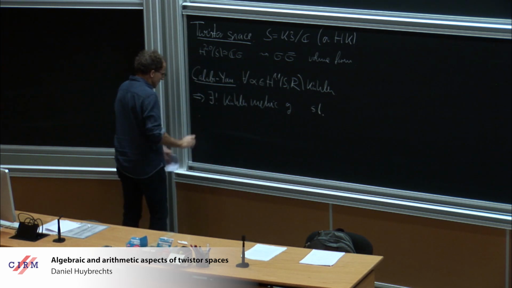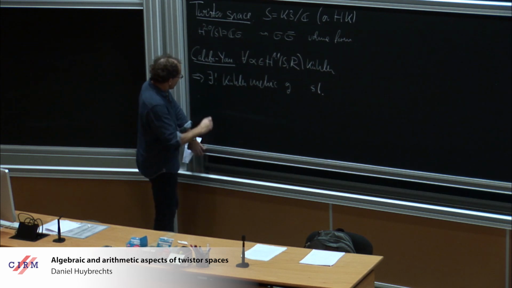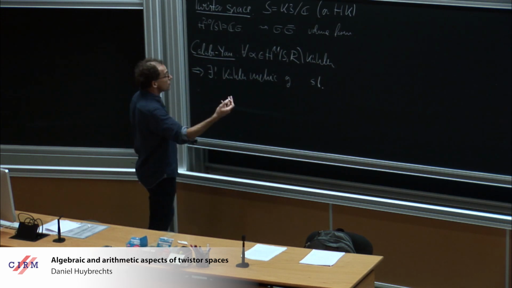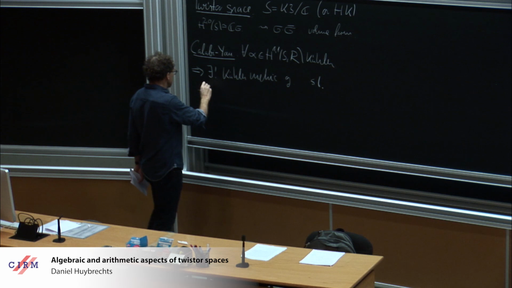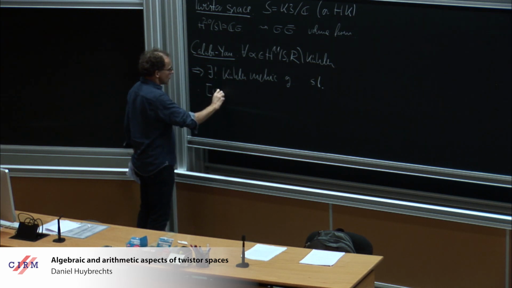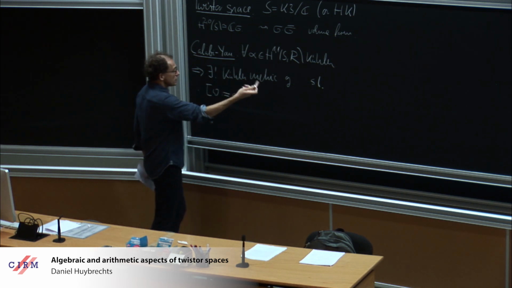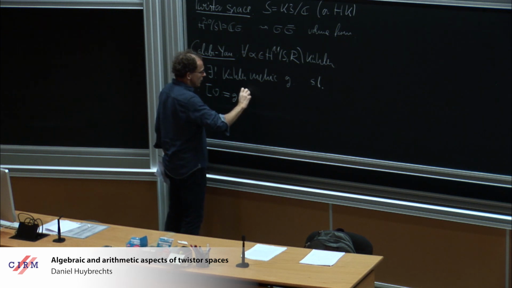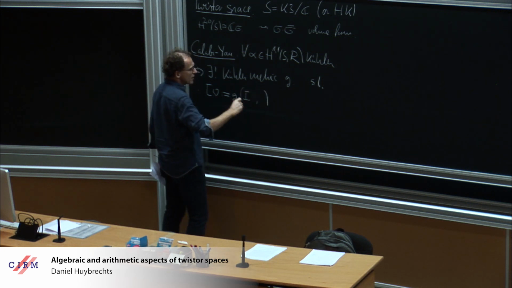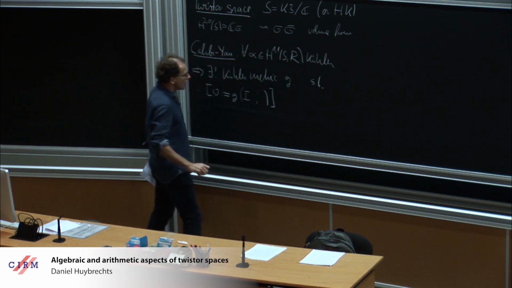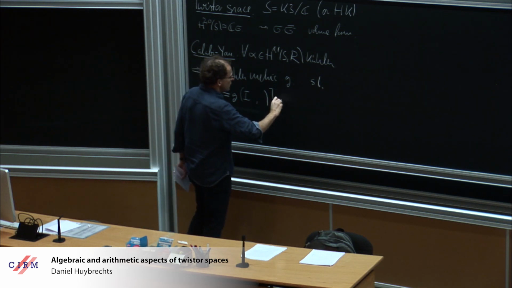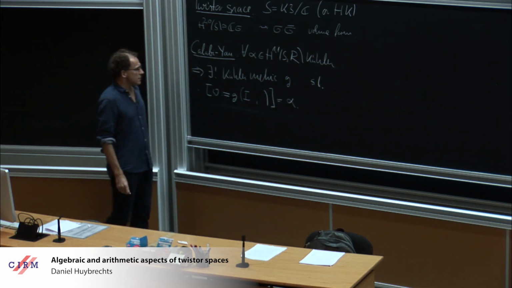The first property is of course that its Kähler form represents this class. Let's call the Kähler form omega. How do I get the Kähler form from the metric? Well, I just use the metric and plug in the complex structure, and that's a Kähler form, and this Kähler form represents the class alpha.